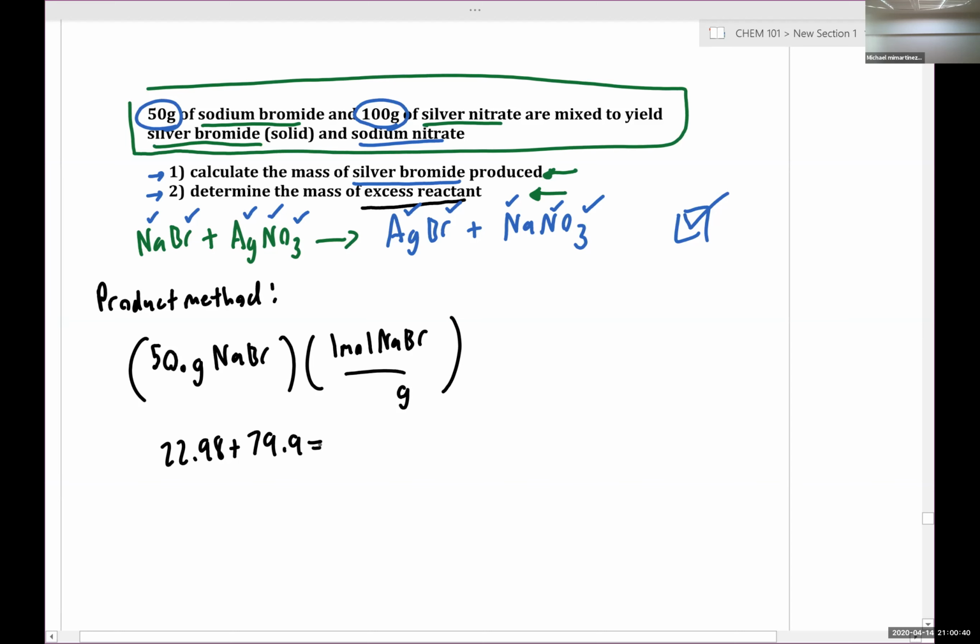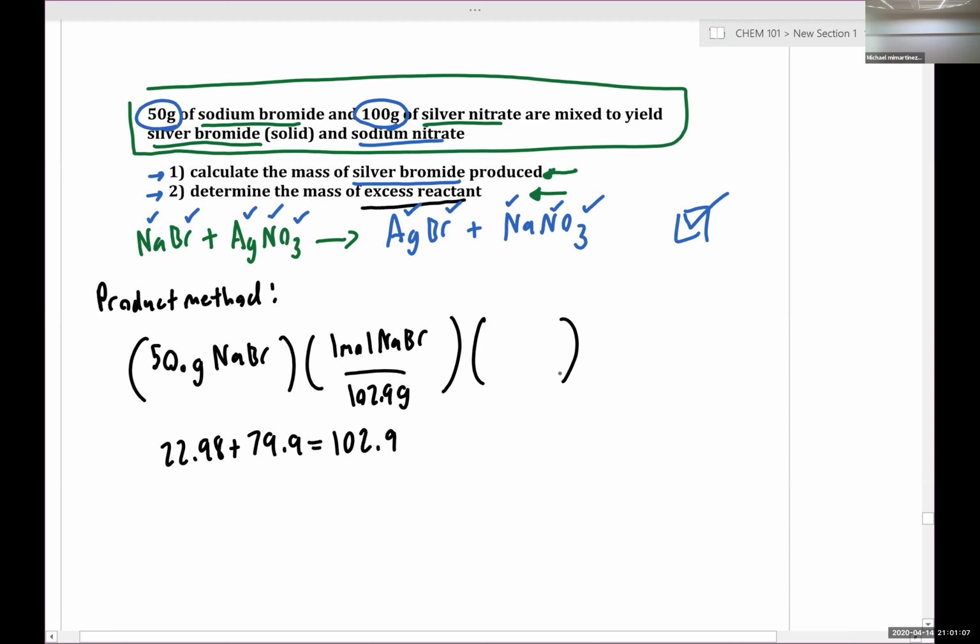And that gives us a molar mass for sodium bromide of about 102.9 grams per mole. So let's plug that in.